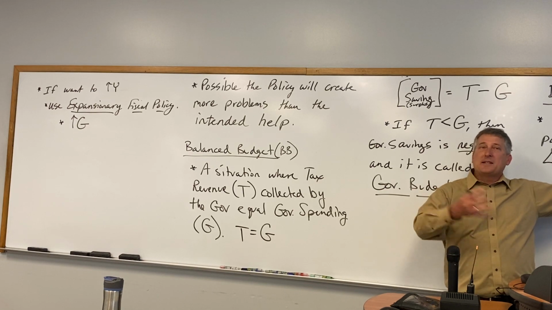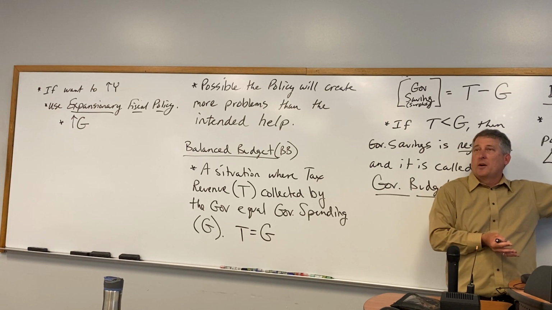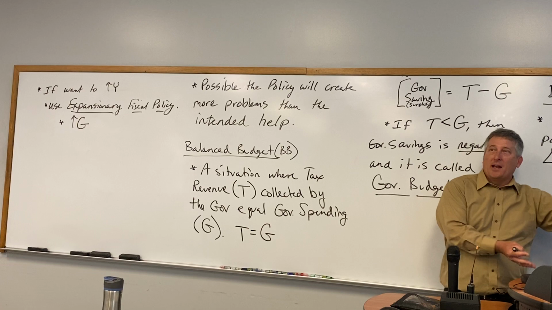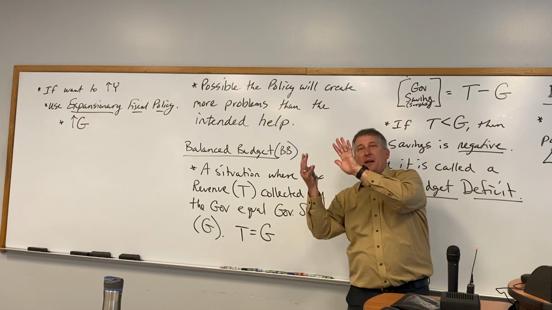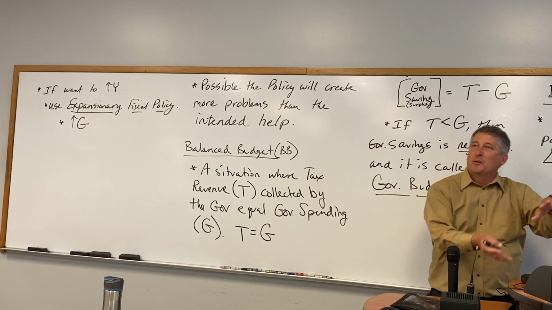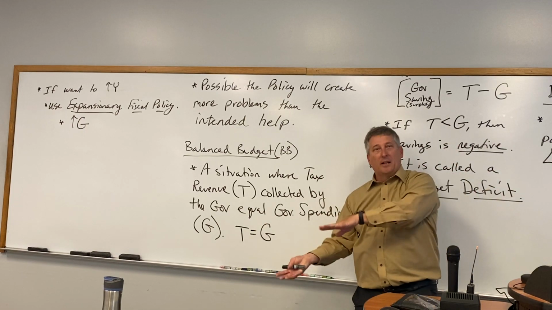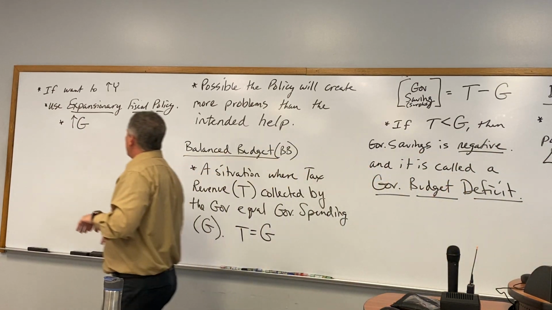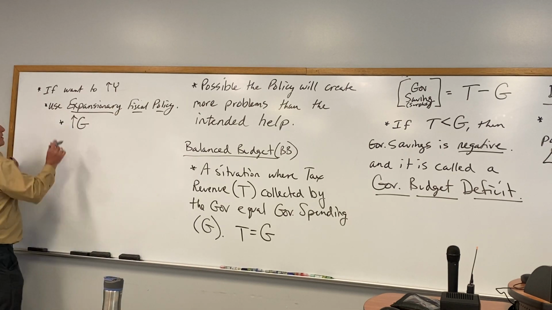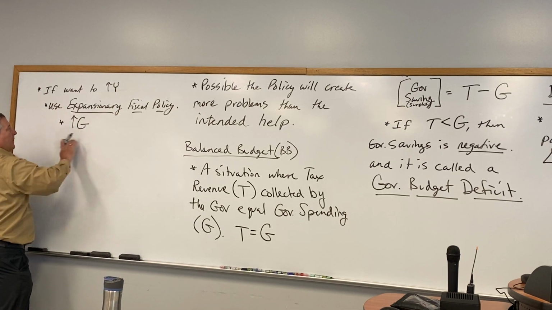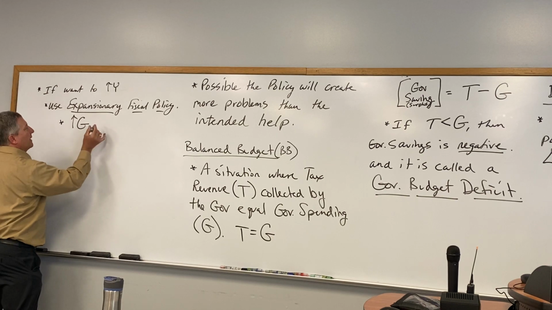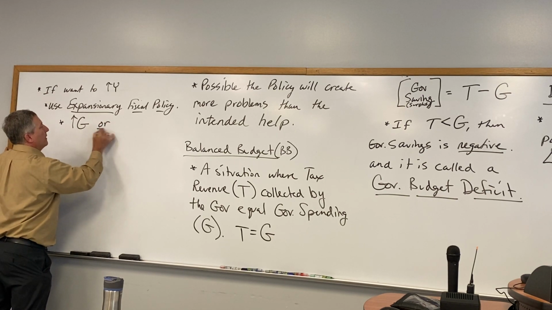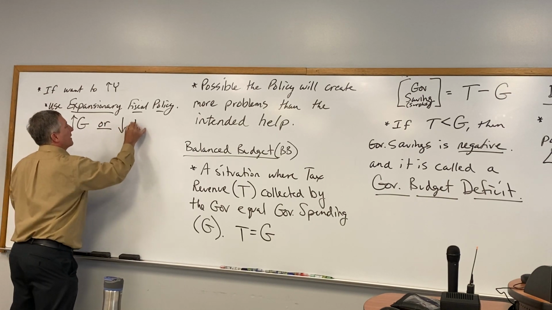So we have a tax decrease of some sort. You've got more money to spend. You run to Walmart, and Walmart people get paid. The Walmart people run to Pizza Village, and we're back into that chain of spending again. So expansionary fiscal policy would be expanding government spending or decreasing taxes.